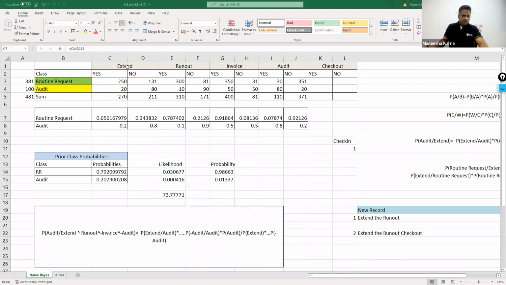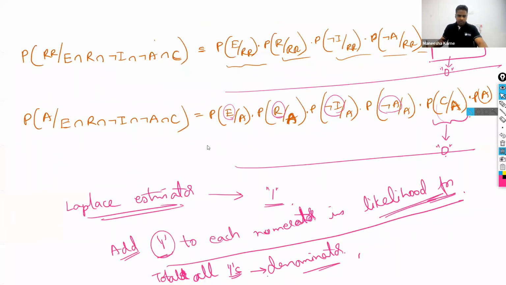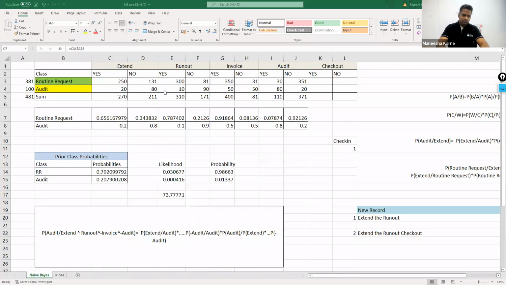Probability of extent given that it is audit would be what? 0.2. But it will be 20 divided by 100. So this would have been 20 by 100 into probability of routine request given audit, which would be 10 by 100.